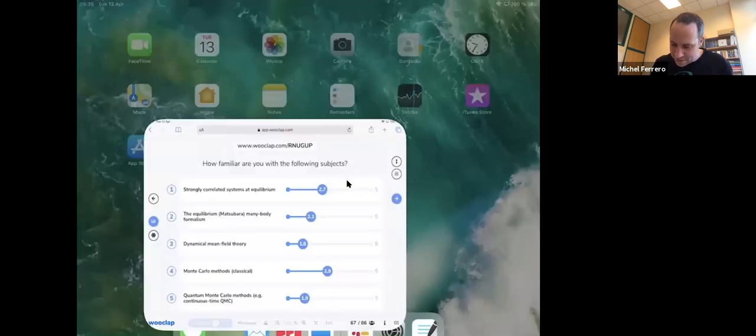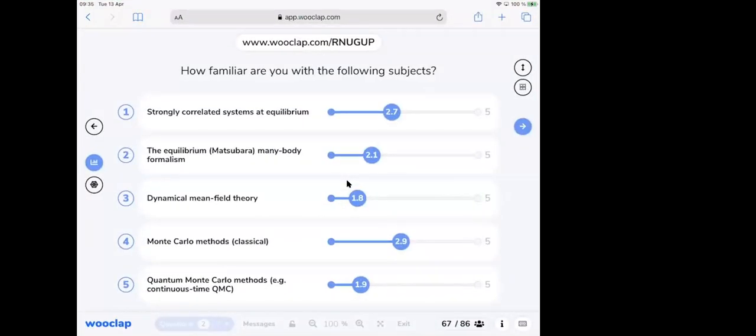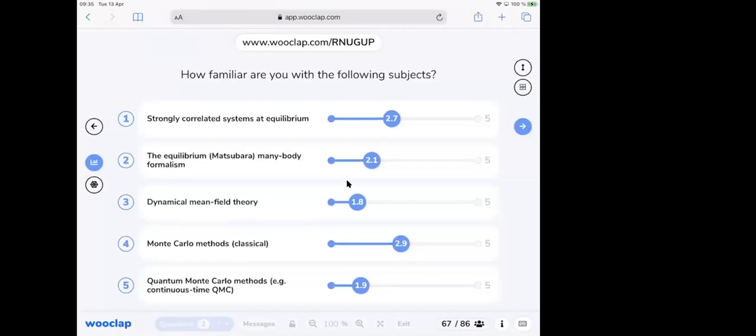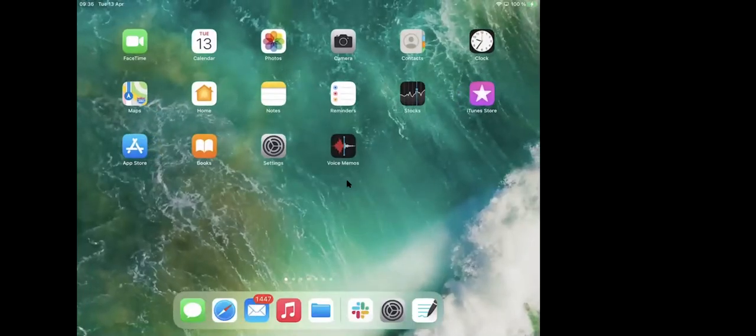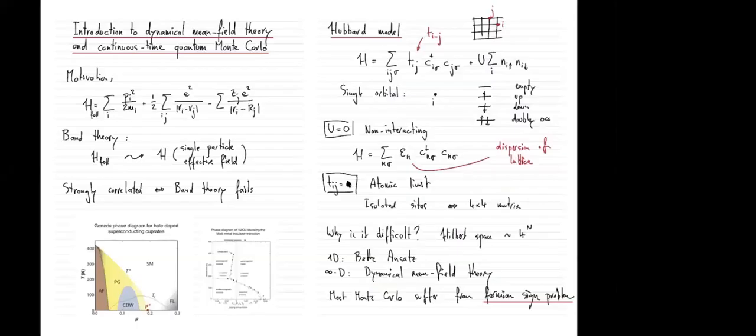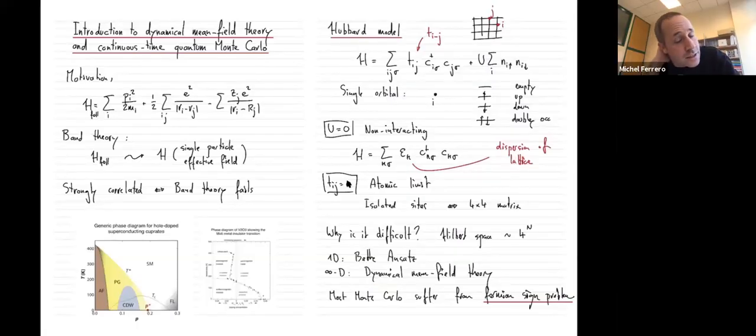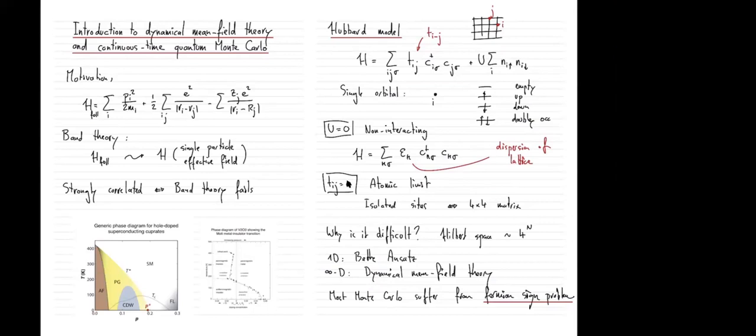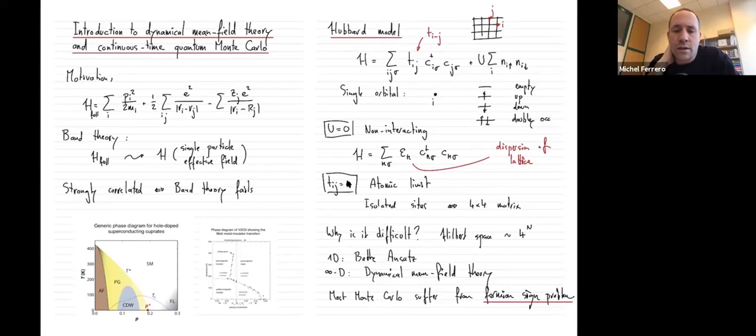Maybe I can take some questions if you have. Michel, just before, there is a question by Anton about the Bethe lattice. He's asking, is the Bethe lattice or something similar implied in infinite dimension? Not necessarily. Actually, the infinite dimensional limit is not specific to a given lattice.